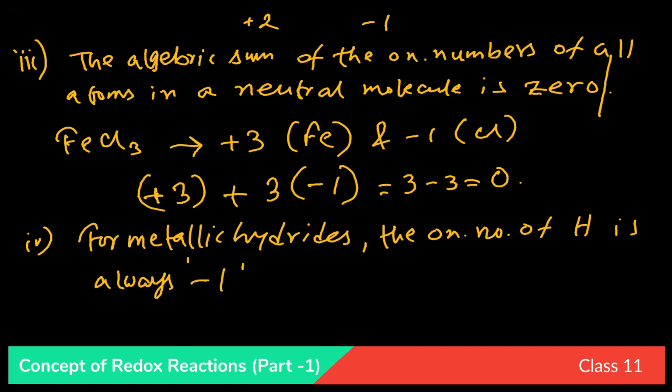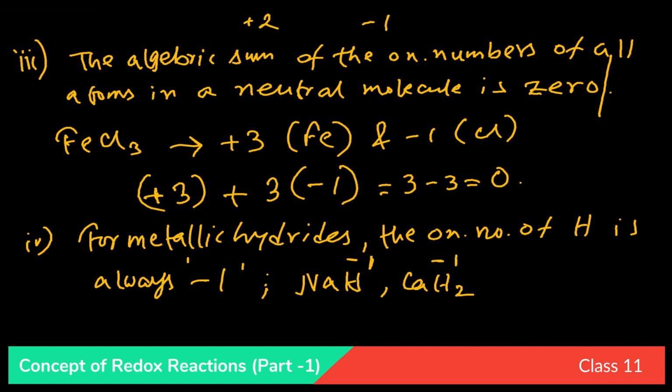Okay, -1 will be the oxidation number for hydrogen if it exists as metallic hydrides. Suppose for NaH, sodium hydride, or calcium hydride, here the oxidation state of hydrogen will be -1.